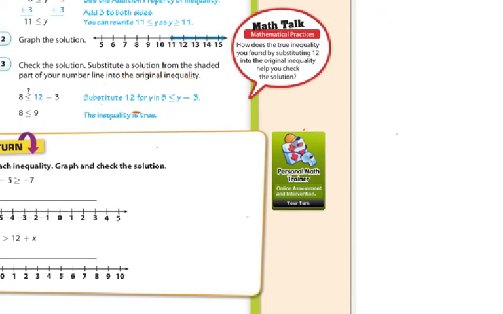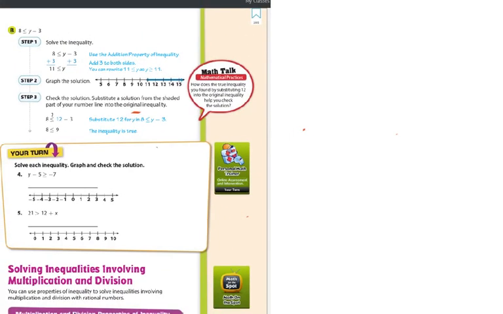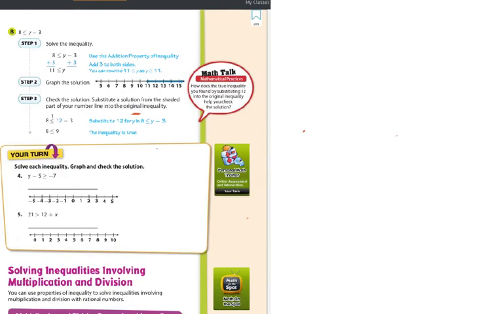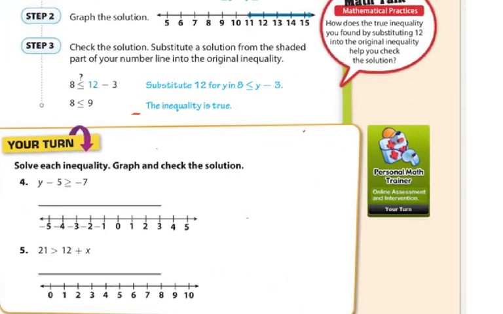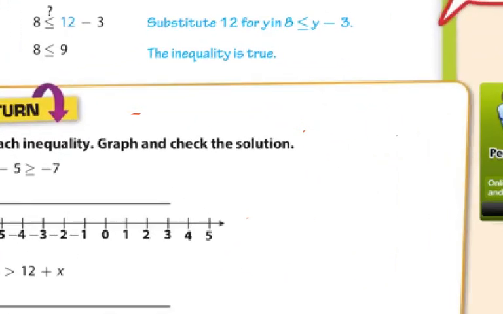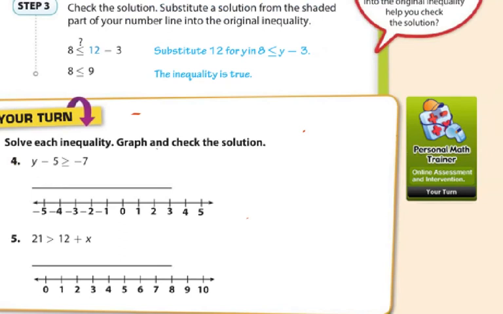You try these problems on your own first, and then follow along with the video, okay? It says down here, solve each inequality. And so, let me see if I can get it bigger, and let's talk through it, okay? In order to get the y by itself, think about what you have to do.